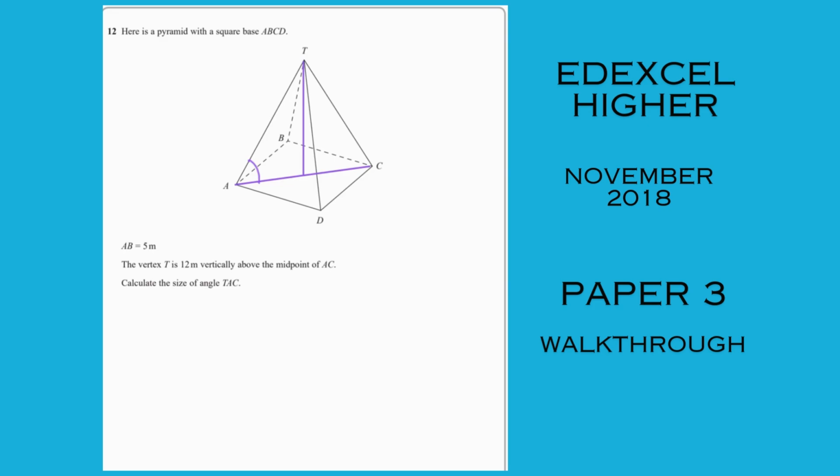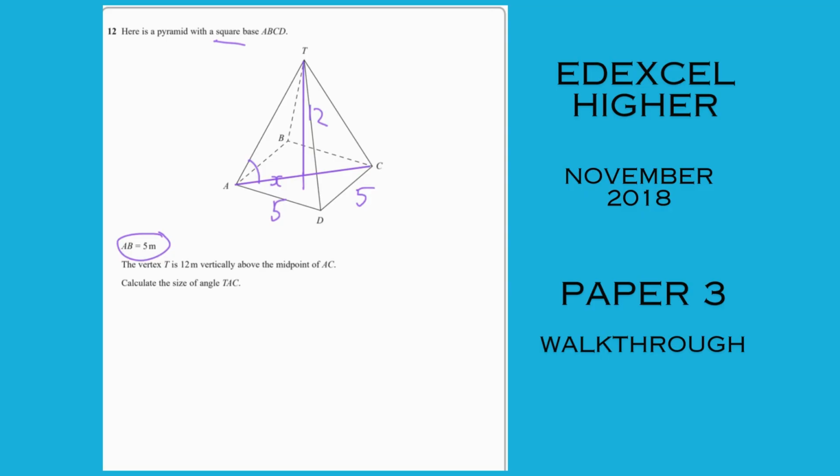So the good news is we already know 1 of them. We're told it's 12. Bit more information, we are told it's a square base and it's 5 by 5, which means a bit of Pythagoras will get us this side here.